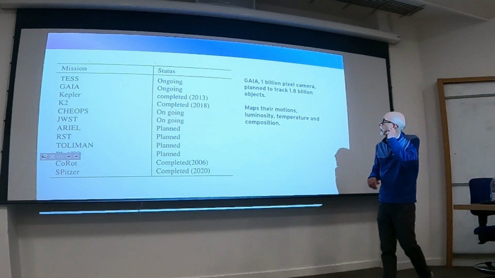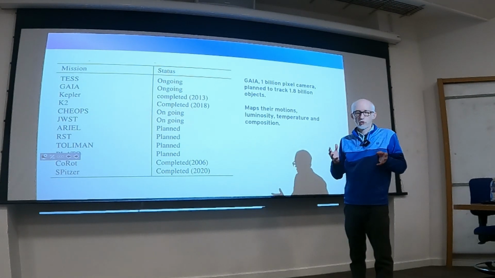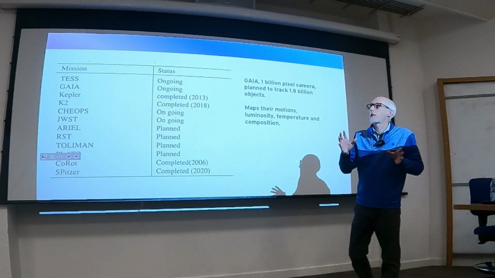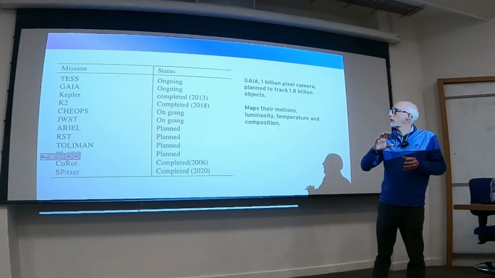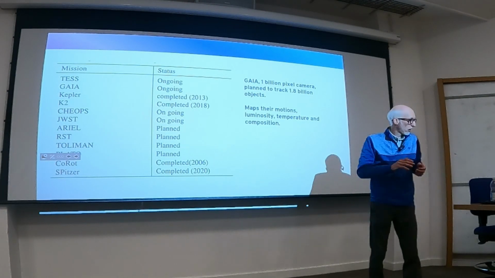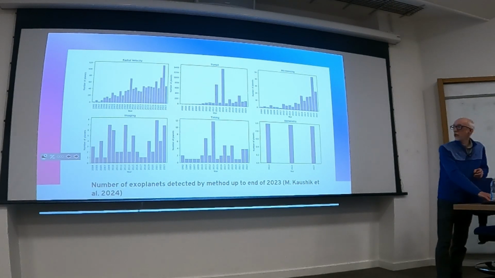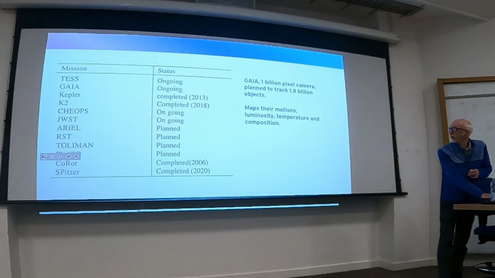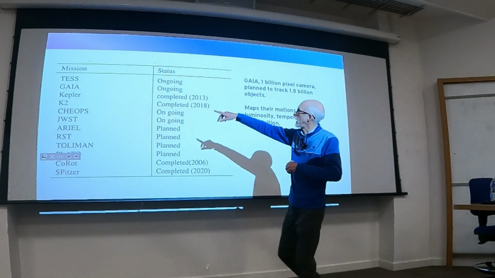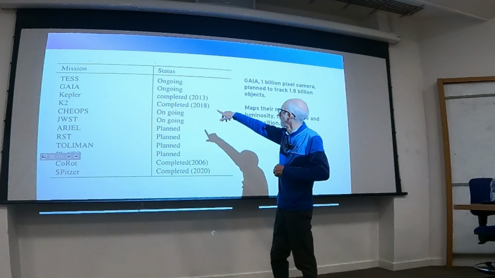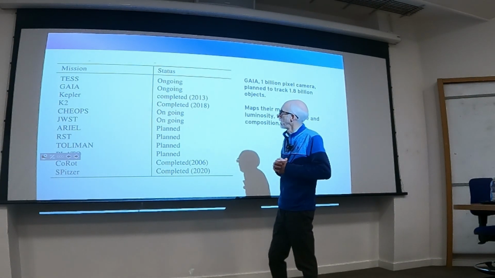Now, Gaia is a mission that's ongoing, and it's a mission to basically track about 1.8 billion objects in the sky, and track their movements. So the astrometry will probably go from 3 to, well, quite a lot. K2 is actually Kepler's extension, but that's finished now, 2018.